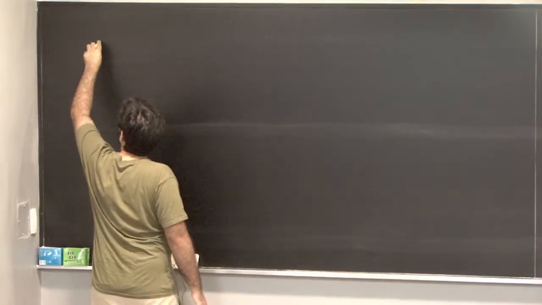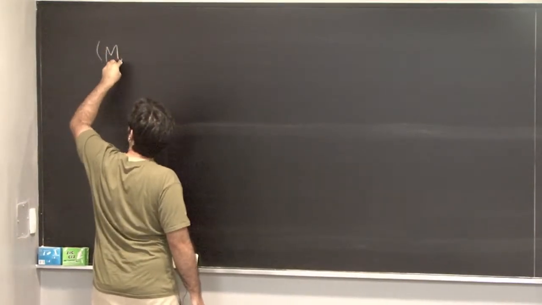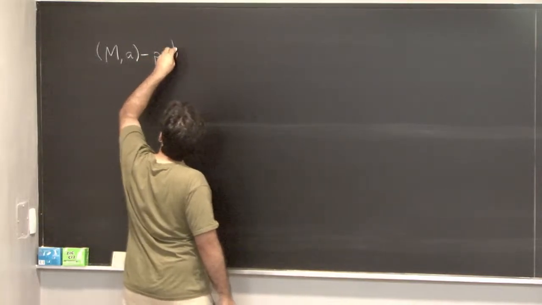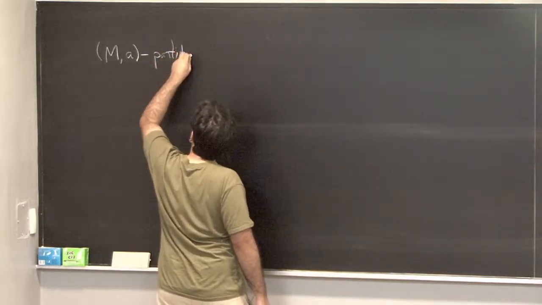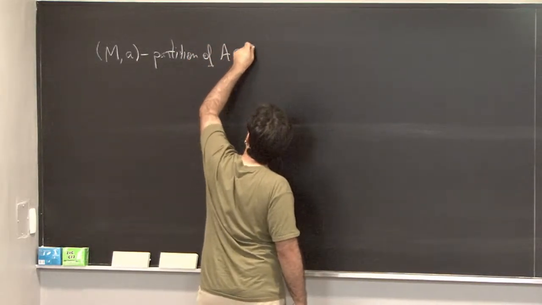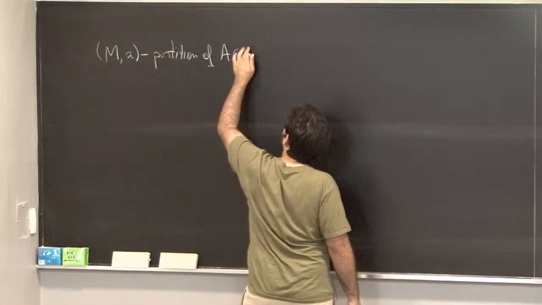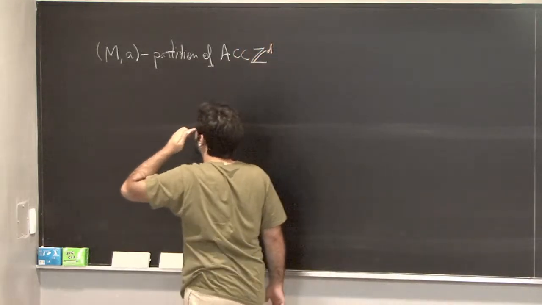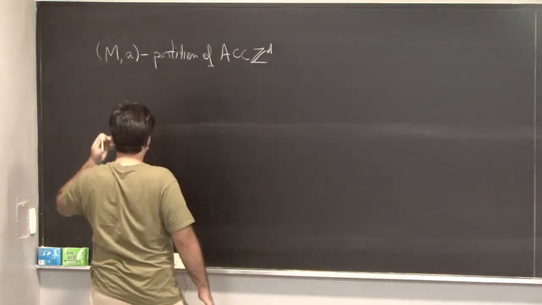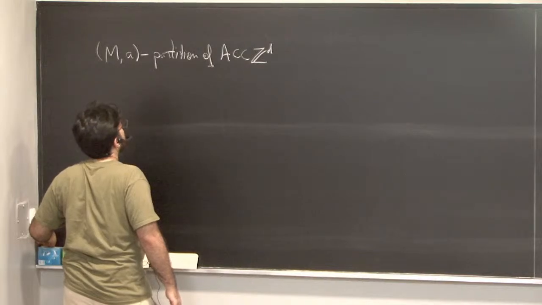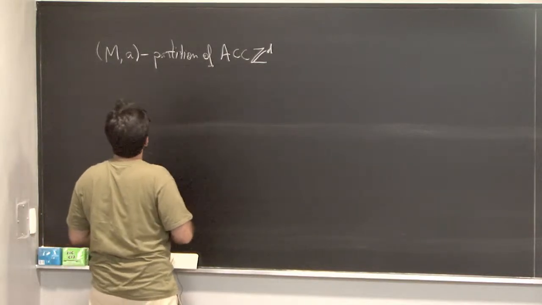So we had the definition of MA partition of a finite subset of Z^D. And we asked this MA partition to satisfy two things.